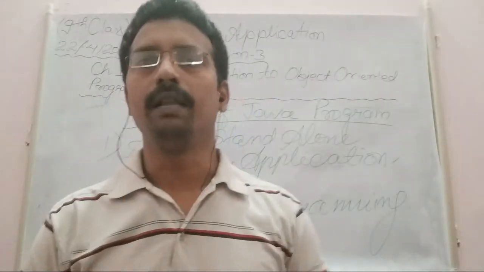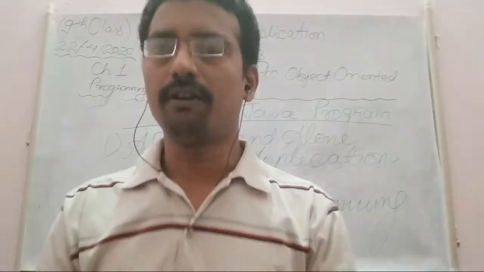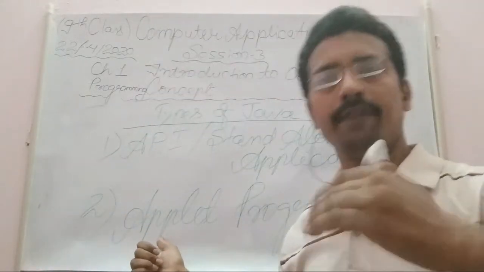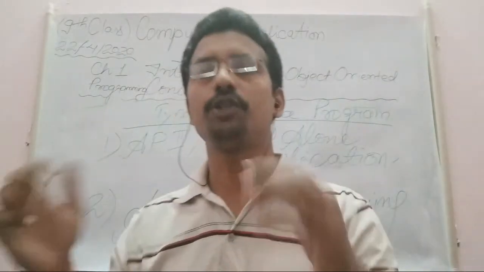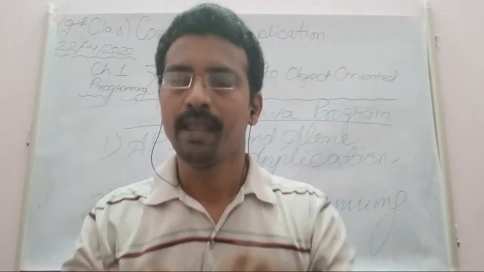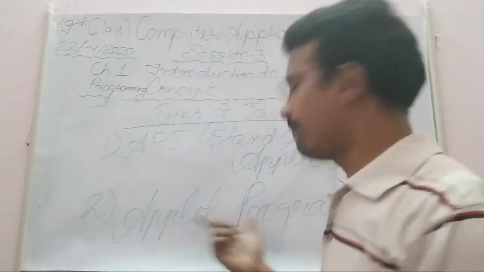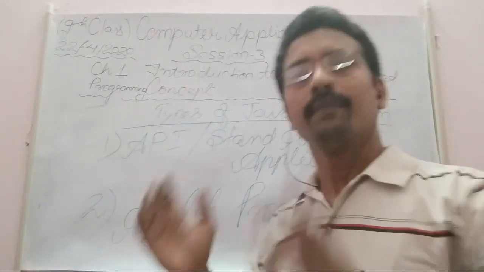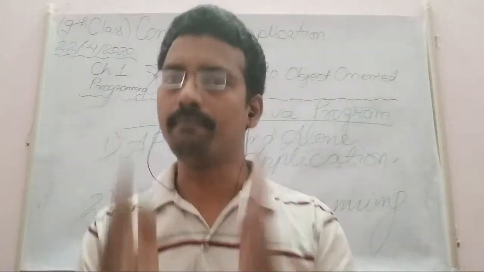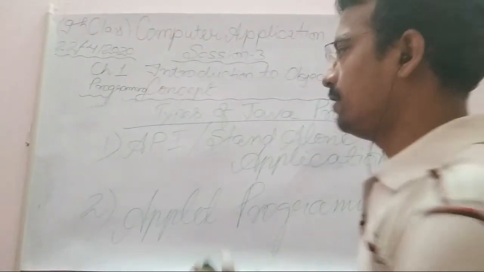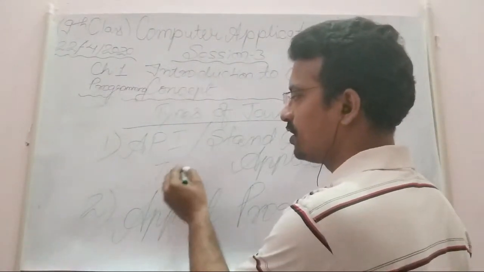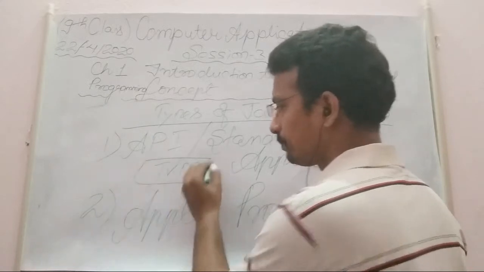So with HTML, we have a type of Java program called the applet program, where we can include HTML coding to design the web page. And the quality of this kind of applet program is that it will not demand any JVM like API. API requires a JVM, Java Virtual Machine. What is JVM? I'll discuss it today only.